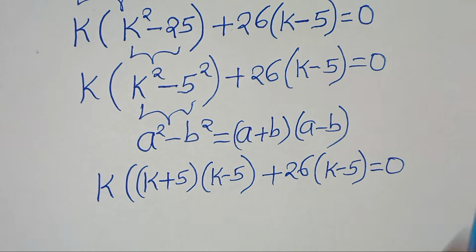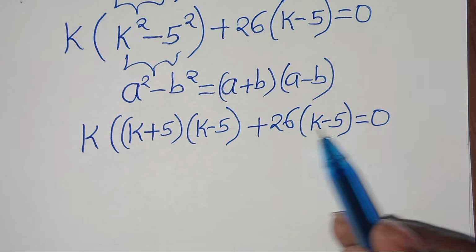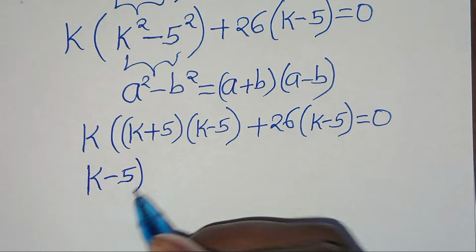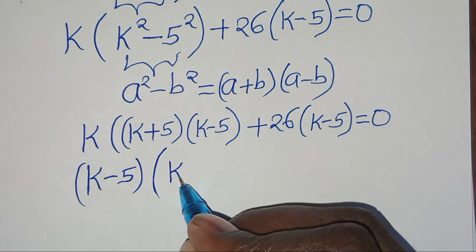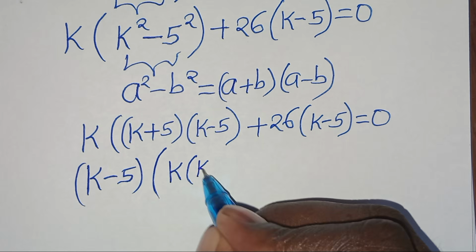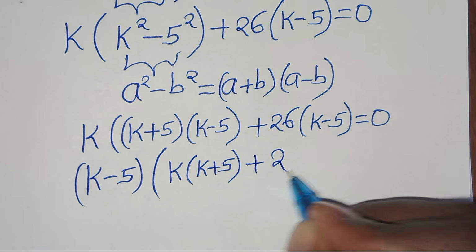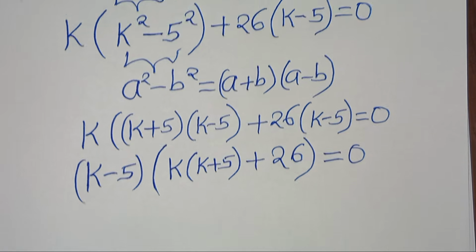This is equal to 0. So we have that k subtract 5 is common here. So let's factor out k subtract 5. In the parentheses, we have k multiplying by k plus 5, then plus 26, close the parentheses. This is equal to 0.